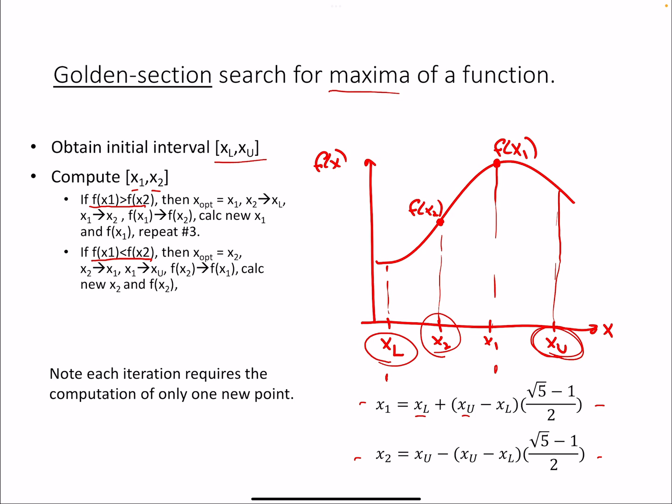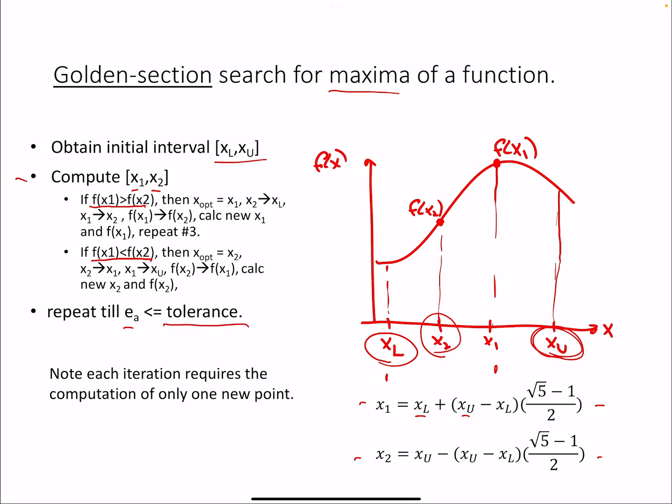And then once we have a new xl and new xu, we simply go back to the beginning and redo this iteration. And we keep repeating until some error is smaller than some pre-specified tolerance.